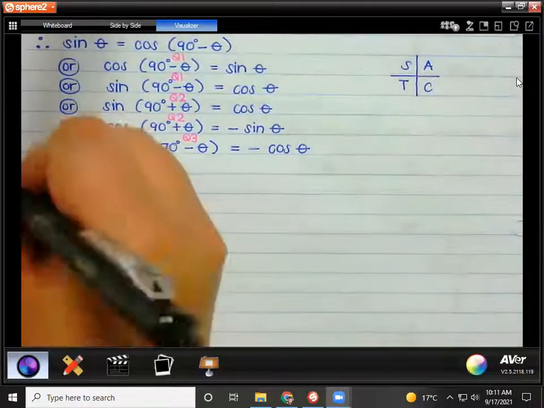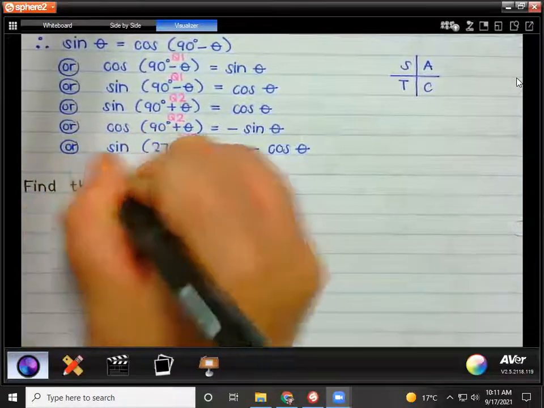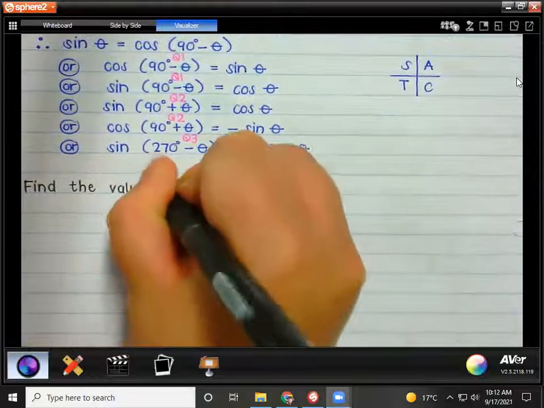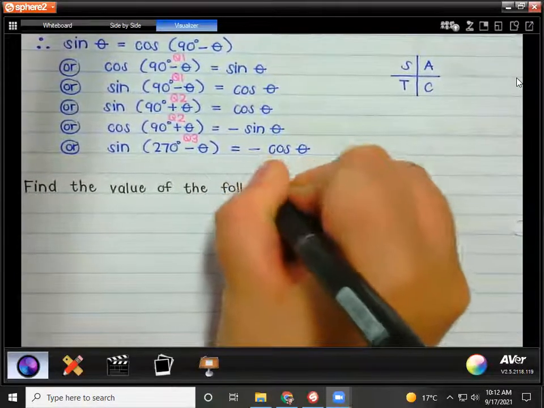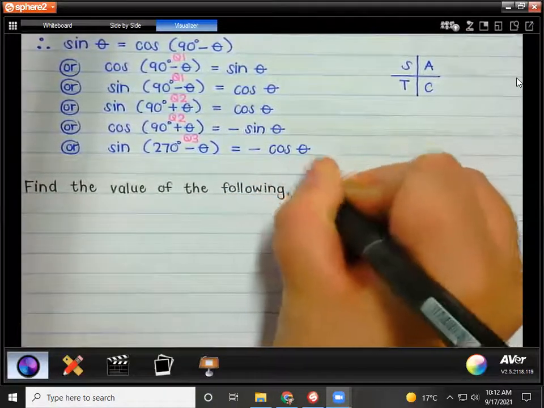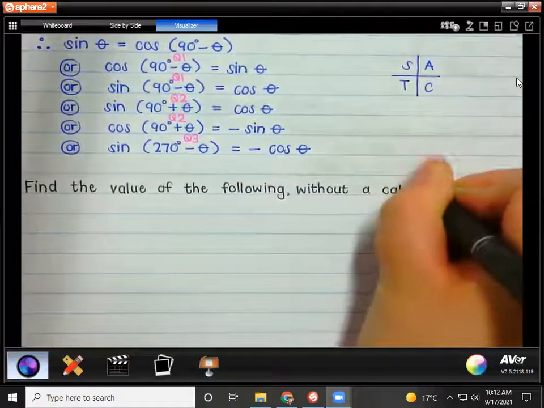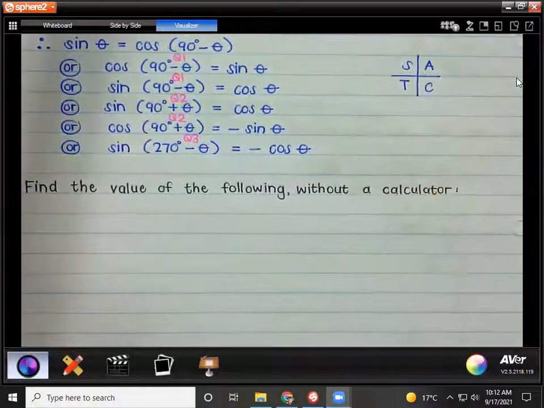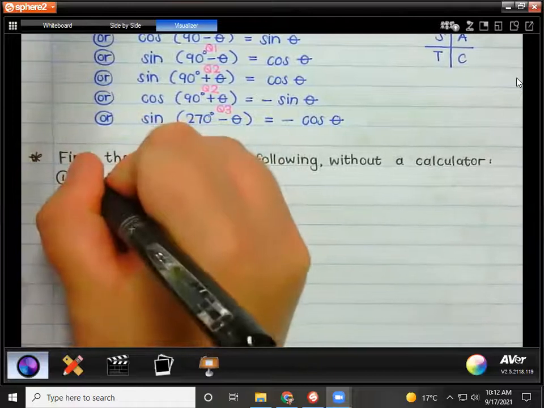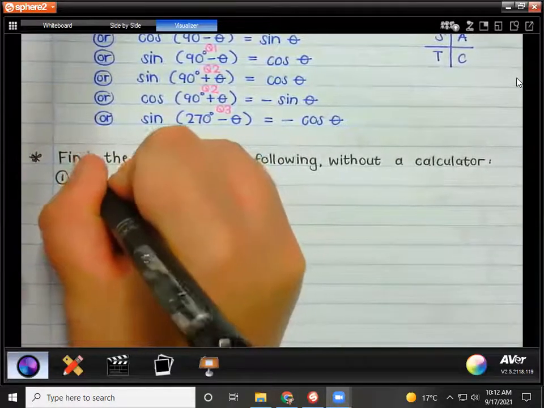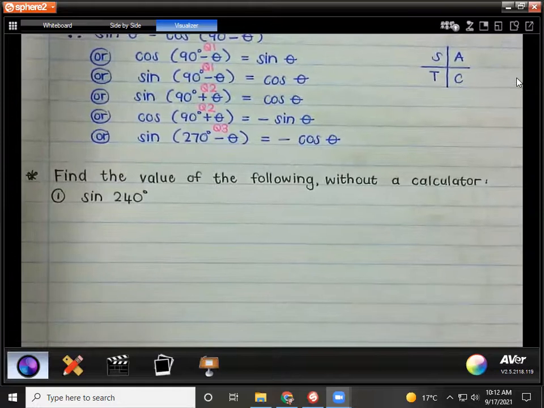If we are asked to find the value of the following without a calculator, the question there is sine 240.